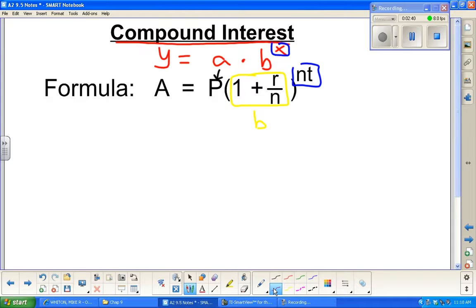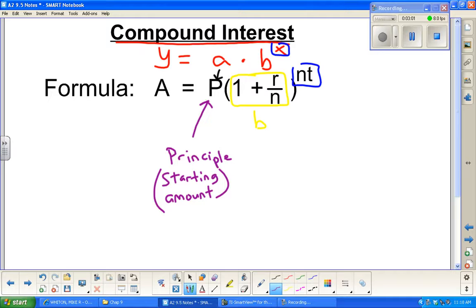Okay, so in this problem, that P is the initial value. When you're talking about money in a bank account, that stands for principal. It's your starting amount. These problems will usually say you invest $1,000 and so on. So that 1,000 would be your starting amount. In the equation, you also see in the b part in parentheses there's r.